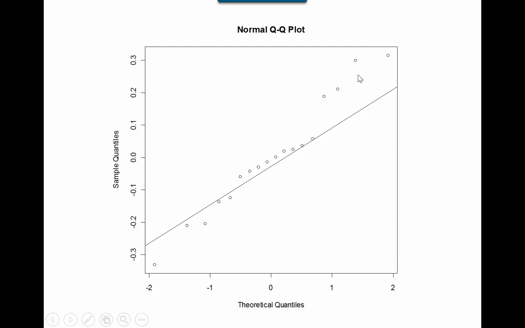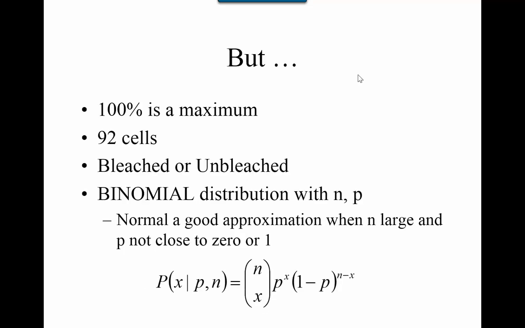So you might not think it's a terrible fit. Indeed, the reviewers at Ecology didn't think it was a terrible fit. But 100% is a maximum, and as we could see from the figure, a linear model is perfectly happy to project observations above 100% cells bleached.